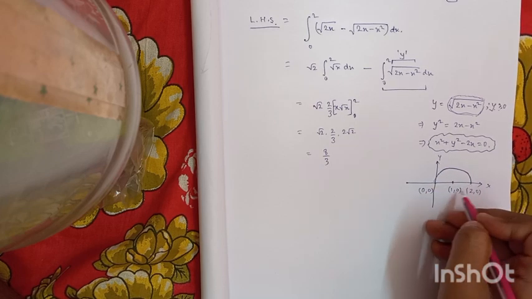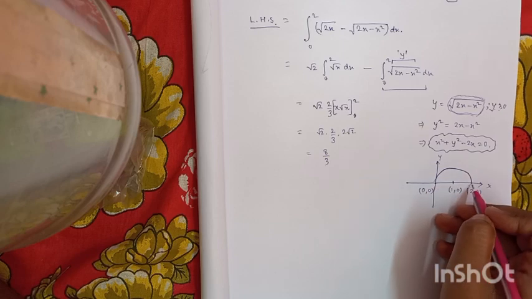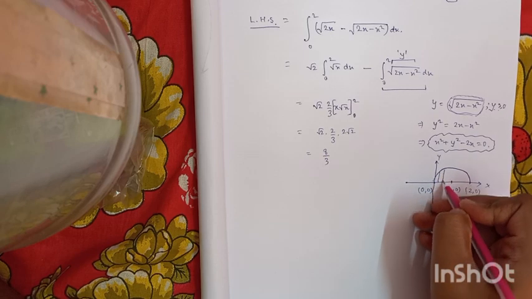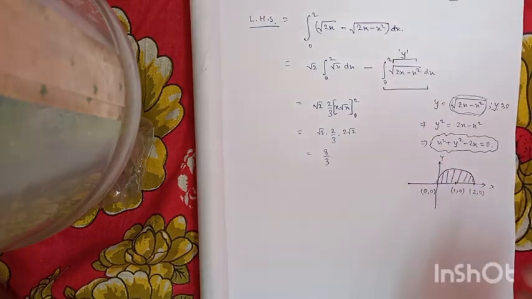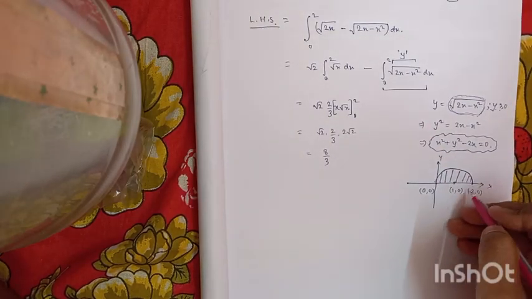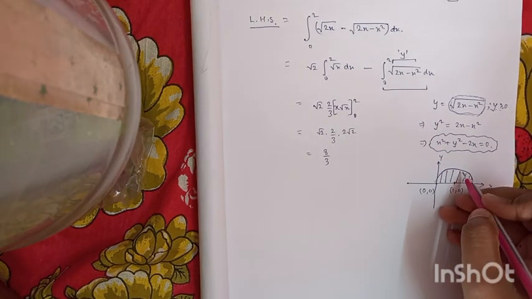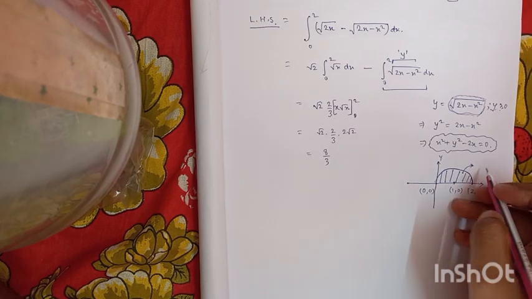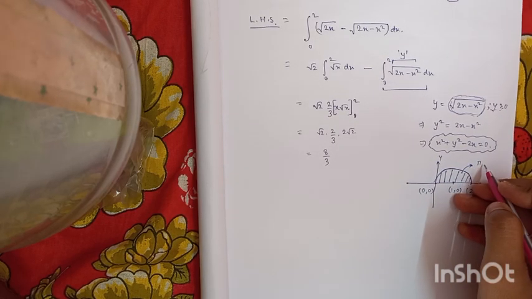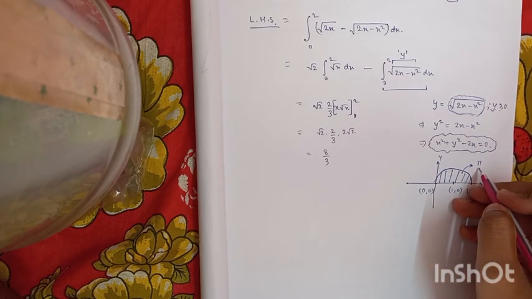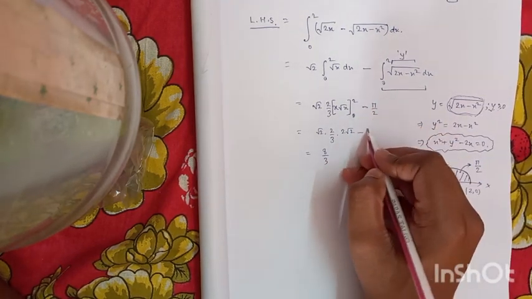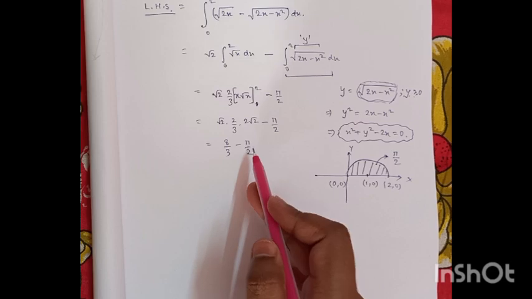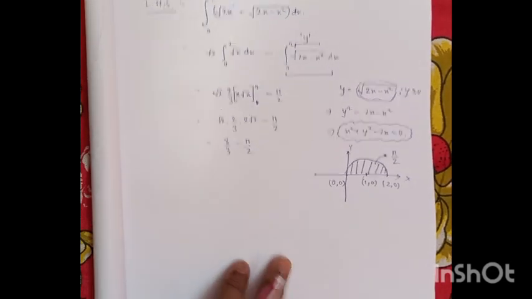So from 0 to 2, that is x equal to 0 and x equal to 2, we have to calculate the area of this part to evaluate this definite integration. As the radius of this circle is 1, this shaded area will be equal to pi r square by 2, so pi by 2. So our evaluated integral equals pi by 2 in this case.